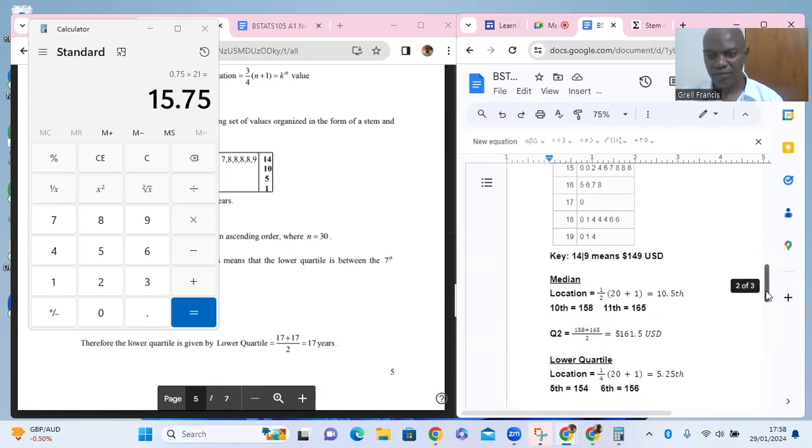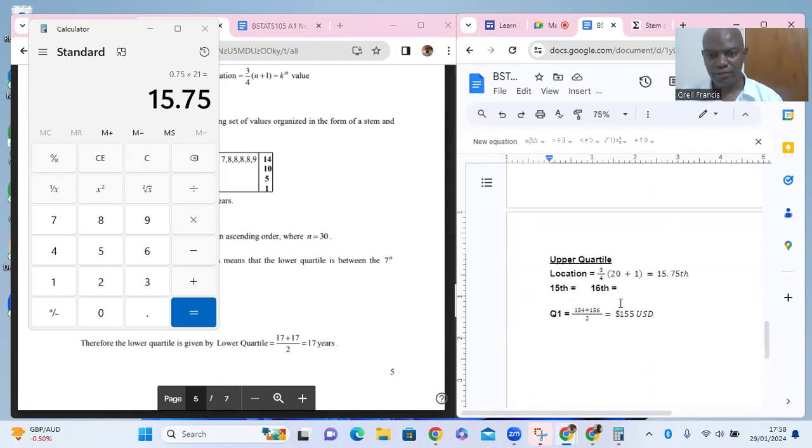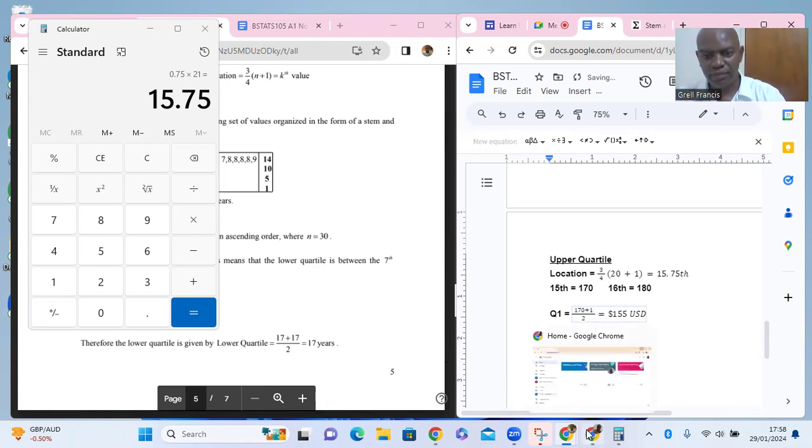So we find the average of 170 and 180 divided by 2, which will give us 175 US dollars.